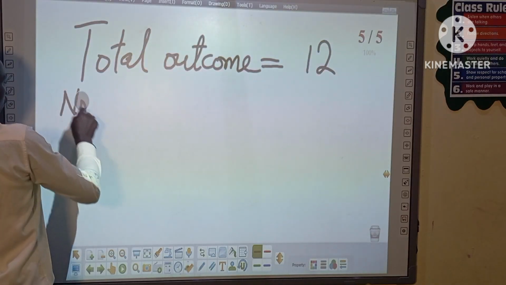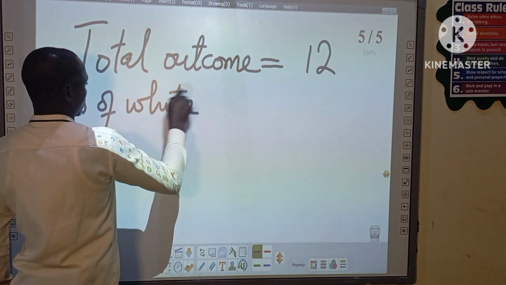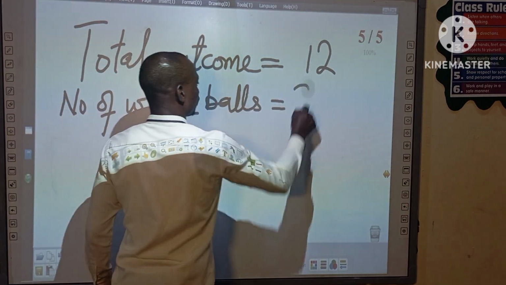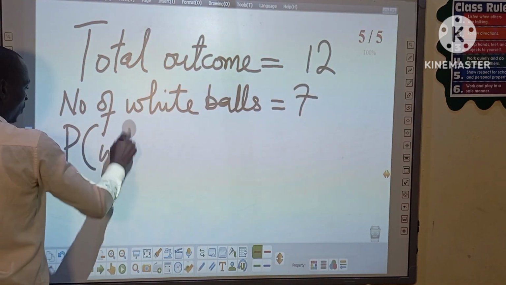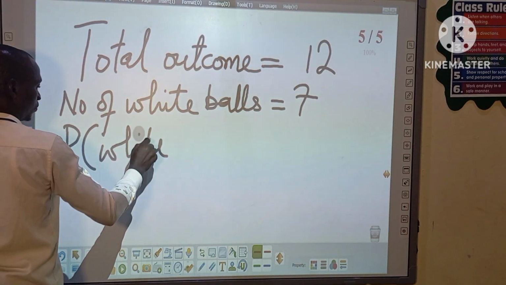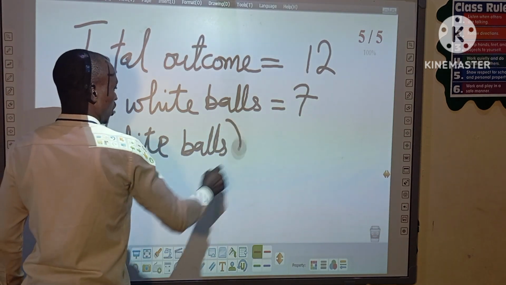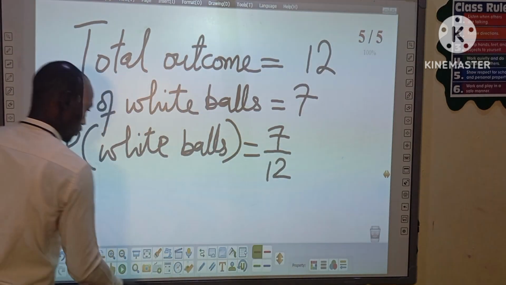Number of white balls is equal to 7. Probability of white balls will be equal to 7 over 12.